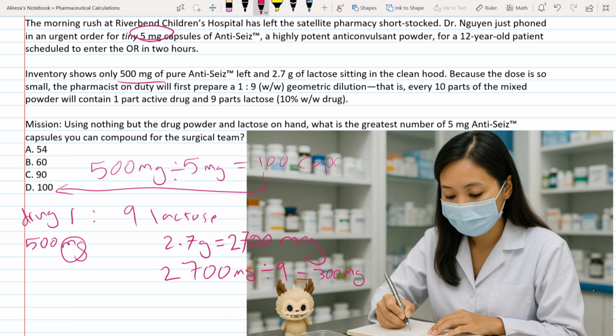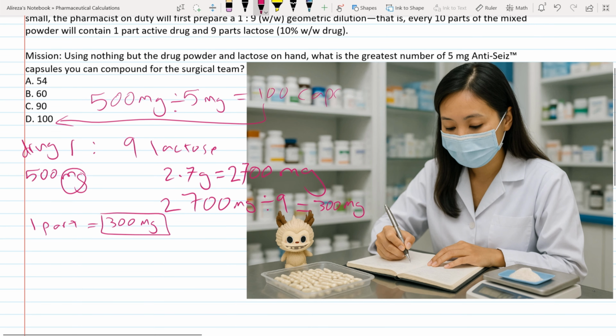So essentially, because 1 part equals 300 milligram, you multiply by 9, so 9 parts is 2,700 milligrams. That way we use all of the lactose, which means that you can only use up to 300 milligram of your drug. So of the 500 milligram of the drug that you have, you can only use 300 milligram. So that's important.